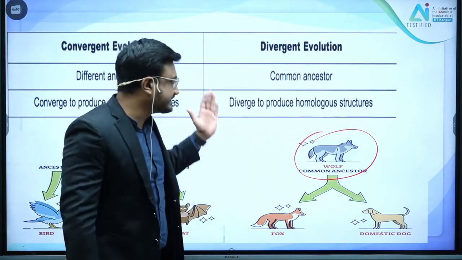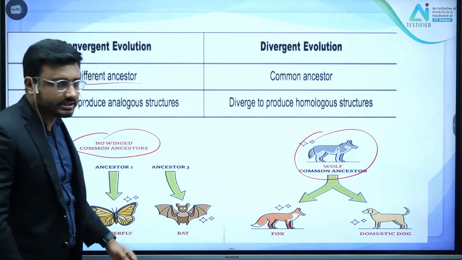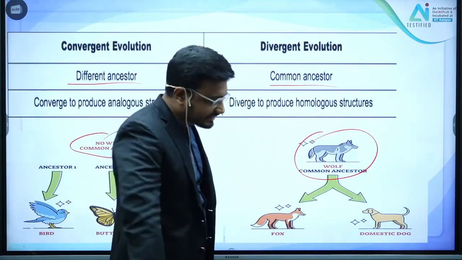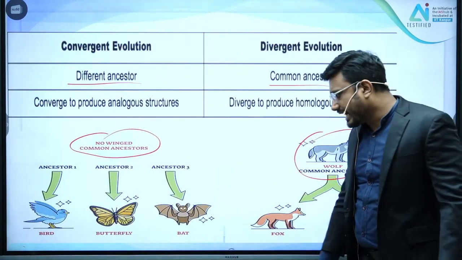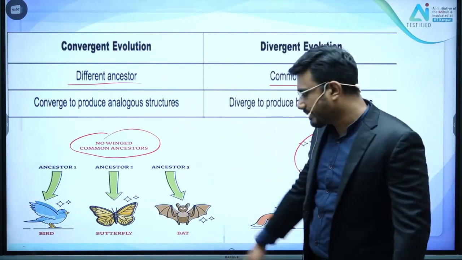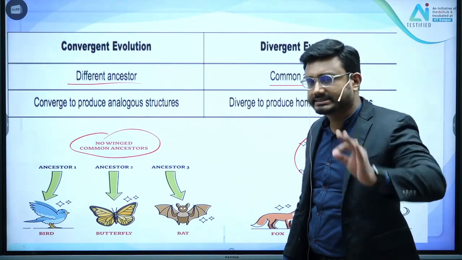So the first difference is that in convergent evolution there are different ancestors, and in divergent evolution there is a common ancestor. The next main difference is that all these three organisms, the bird, the butterfly and the bat, have wings, and the function is similar.